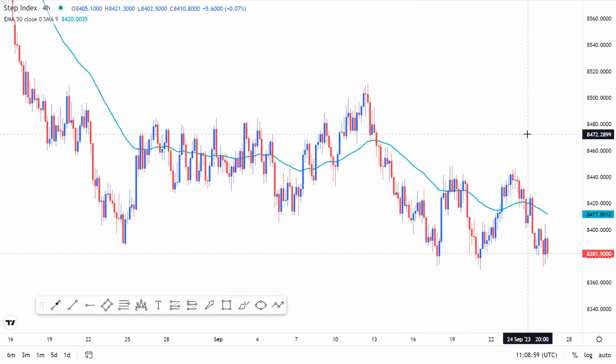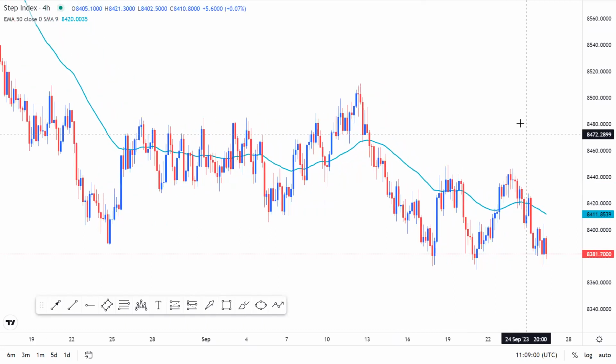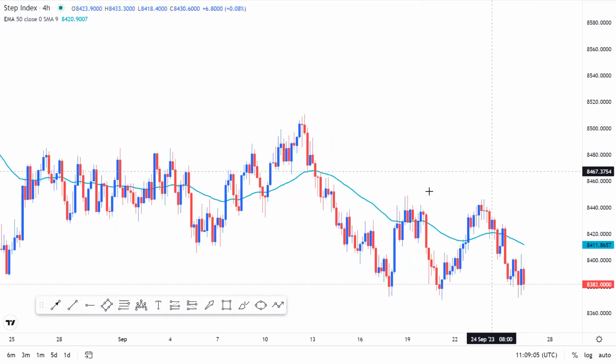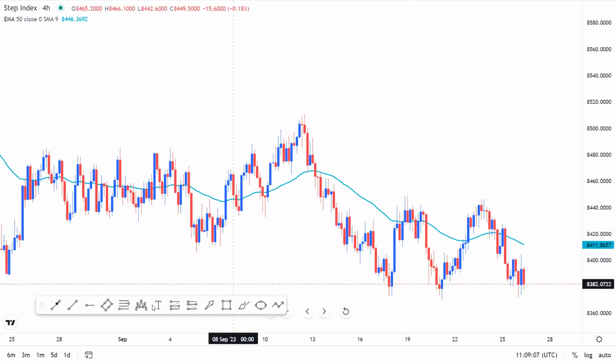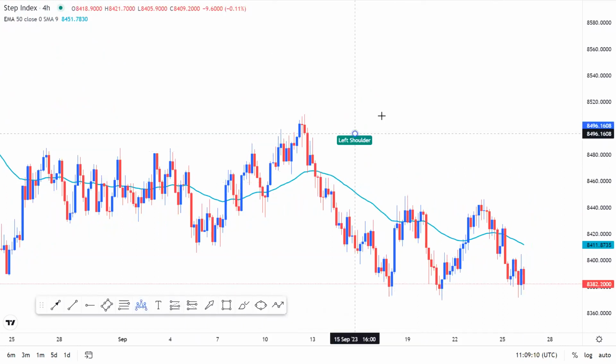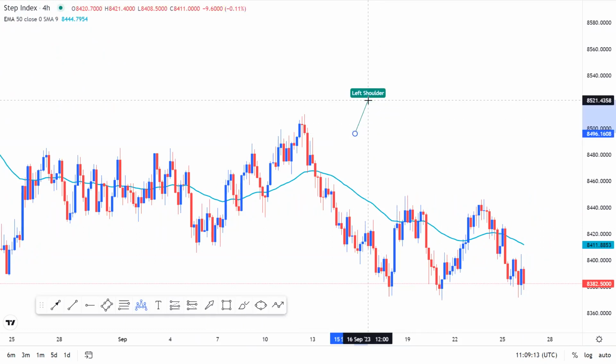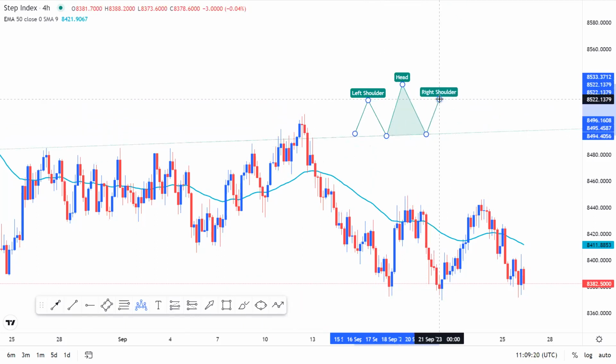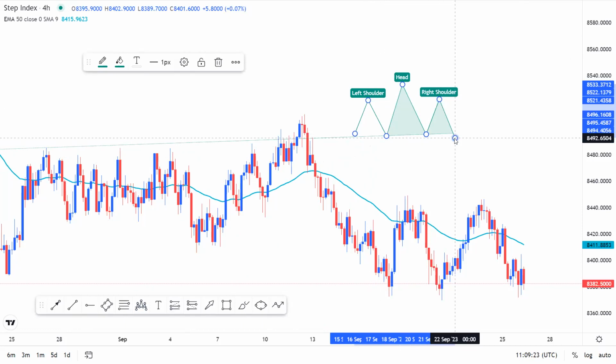Now, if I would be very honest with you, don't always expect to see the head and shoulder pattern look this perfect, such that we have the left and the right shoulder aligned exactly.